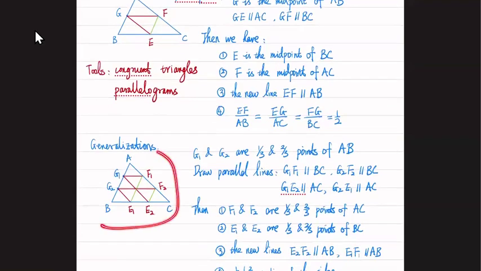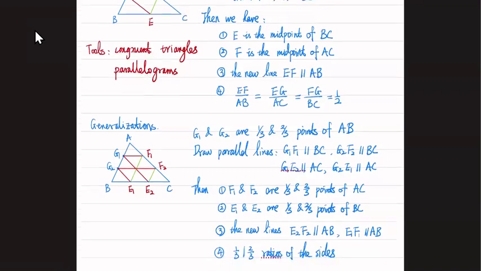For this one, we use the same property. Congruent triangles, a lot of them. You check these two triangles are congruent. You check these two triangles are congruent. Same argument, but more steps.